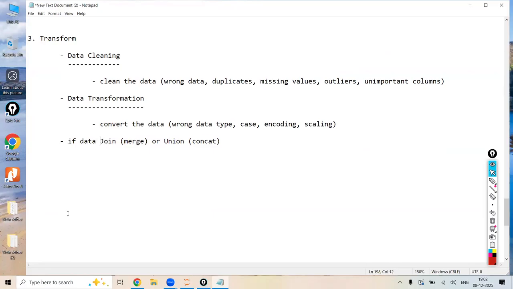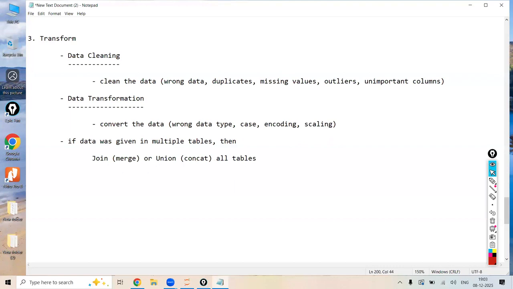If data was given in multiple tables, you combine everything into one, merging or concatenating all tables.